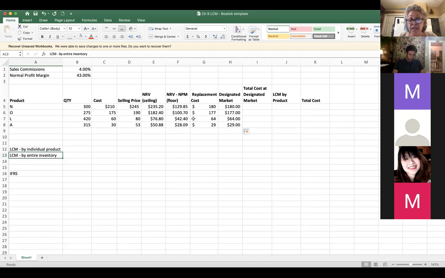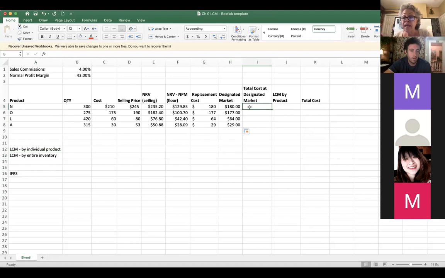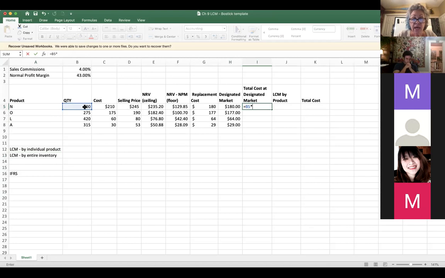I want to take my designated market, because remember, now I want to compare cost to designated market.